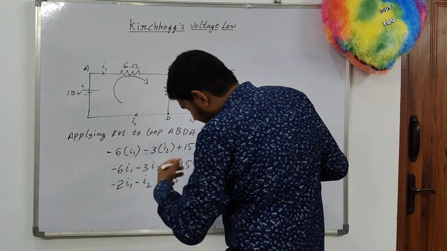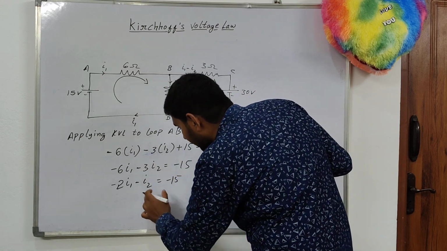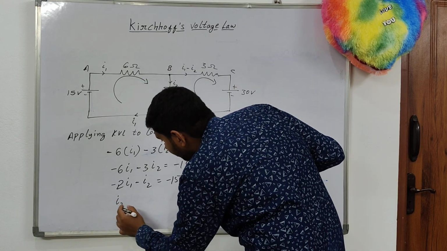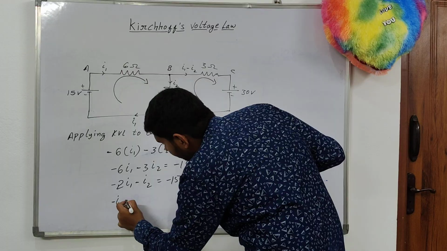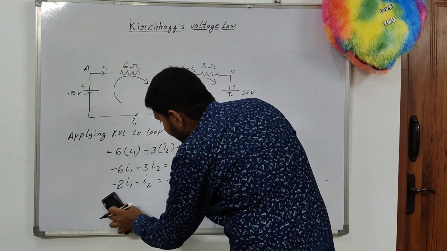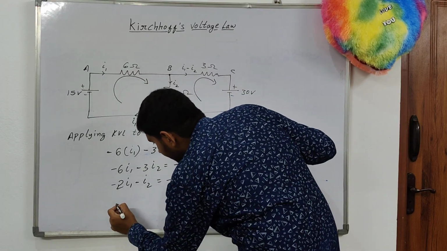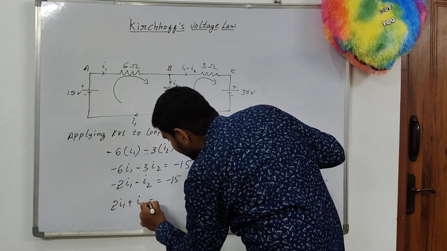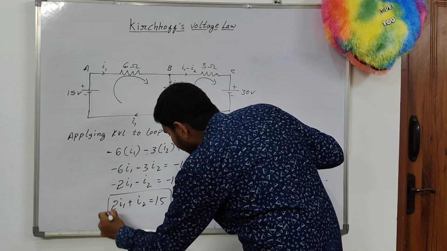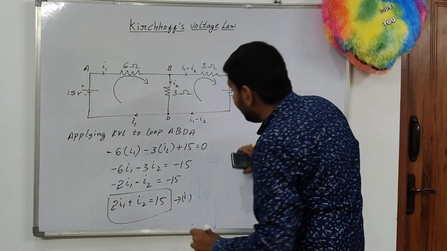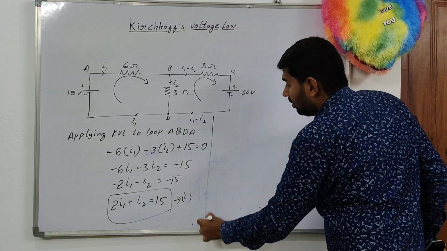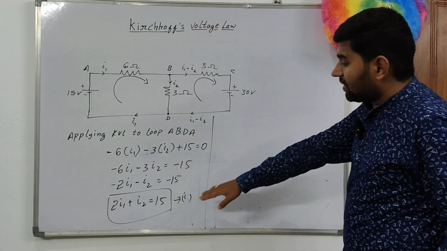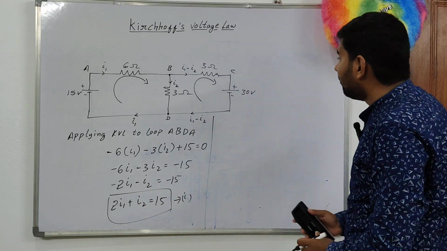Both sides are minus, so it becomes plus: 2I1 plus I2 is equal to 15. Let us call this equation 1. Is that clear? For loop ABDA, this is the equation: 2I1 plus I2 is equal to 15.